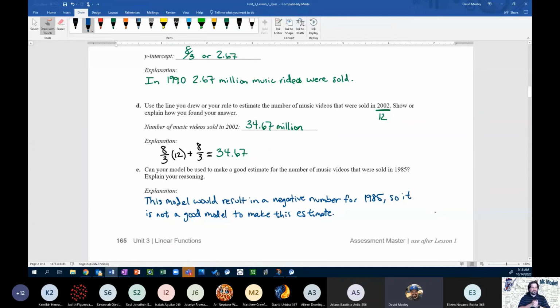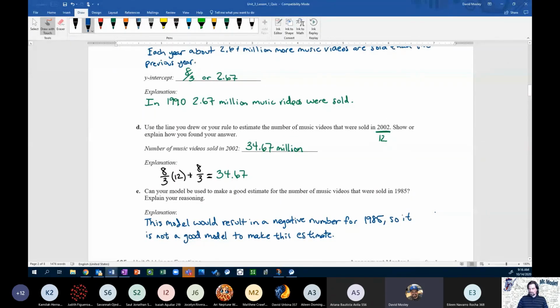Right? There we go. This is not going to work out for 1985. We would get a negative number, and that just doesn't make sense. So, there you go. Any questions, comments, concerns?